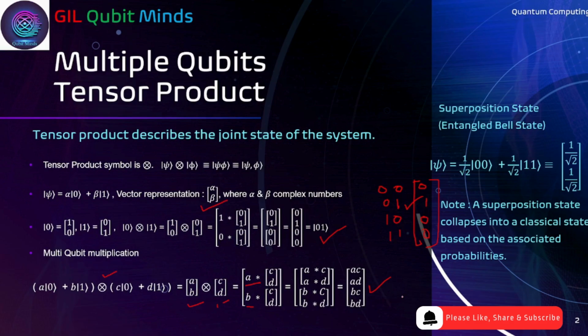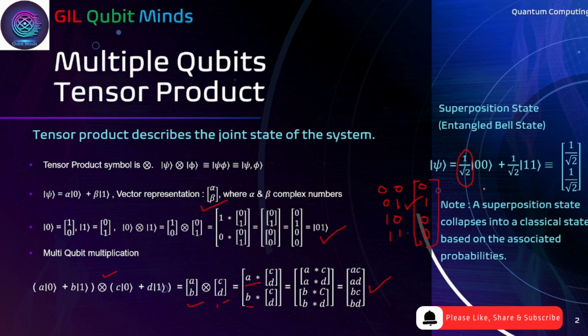Now, we know that this is a superposition. How do we know it is a superposition? Because this amplitude is 1 by root 2 and this is also 1 by root 2. The probability is alpha squared and beta squared, so if alpha squared is the probability, we get 1 by 2.